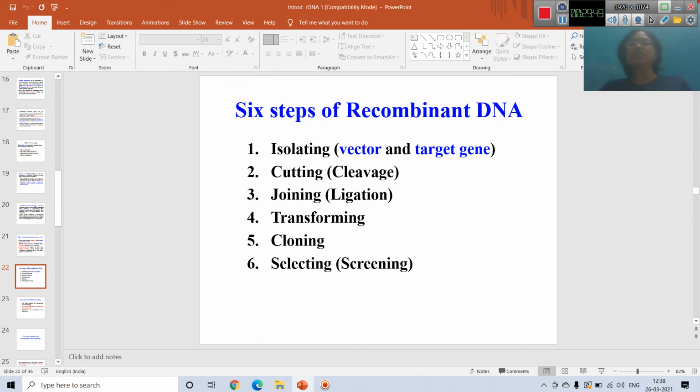Fourth is transforming into a suitable host cell, so that the recombinant DNA gets inside the host cell, whether it is a bacterium or a yeast. Then undergoing cloning, means you reproduce that recombinant DNA several times so that many copies are generated. And then you are selecting or screening the recombinant DNA containing bacterial cells or yeast cells.